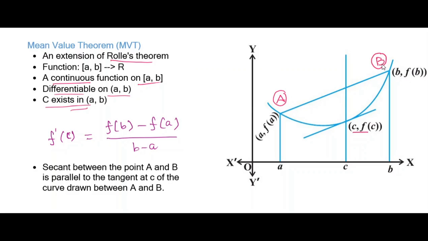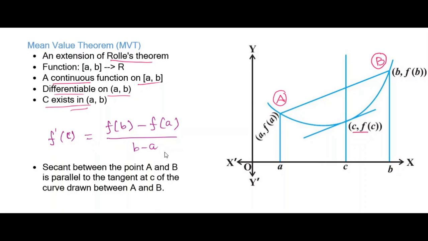So these are the 2 points. So f dash C, what is this f dash C? That is the differentiated function of f of x at that point C. That is given by f of B minus f of A, whole divided by B minus A.